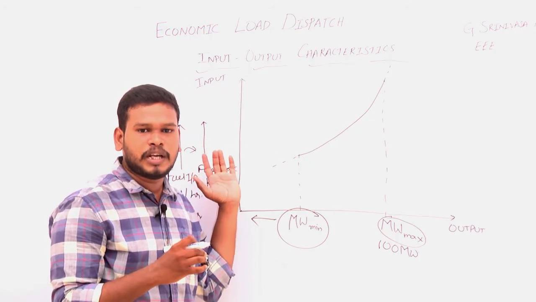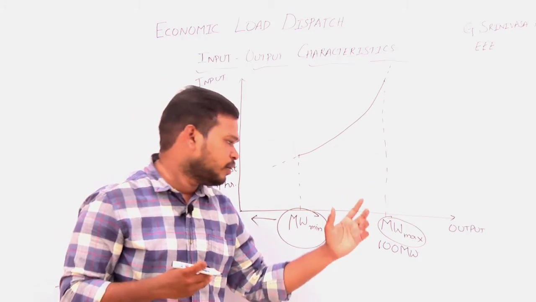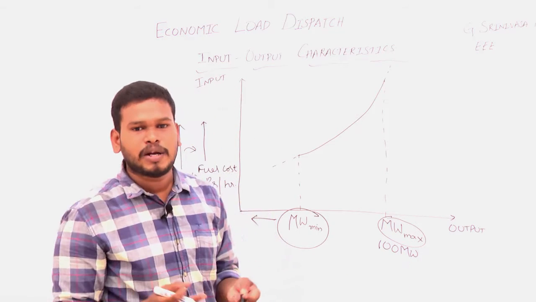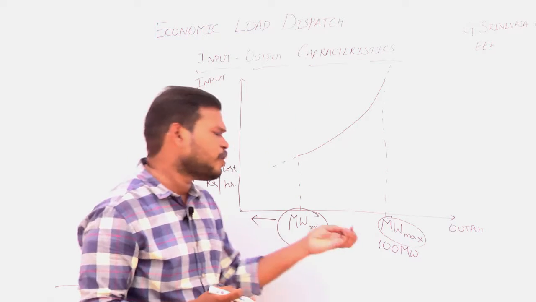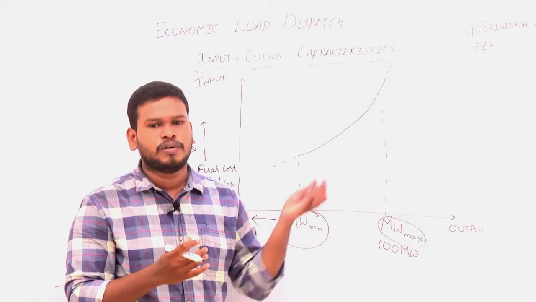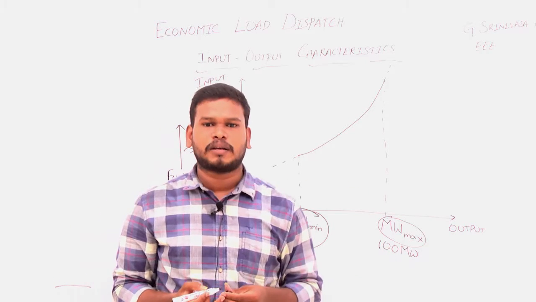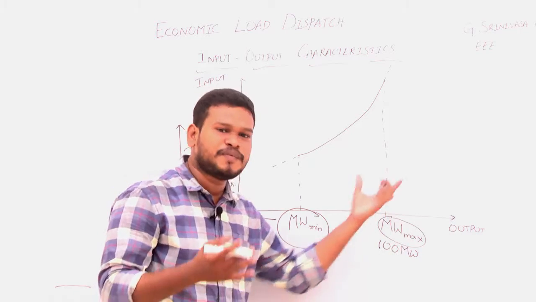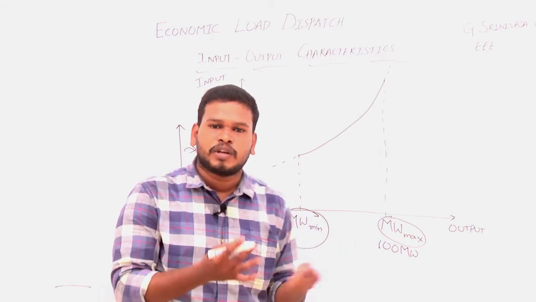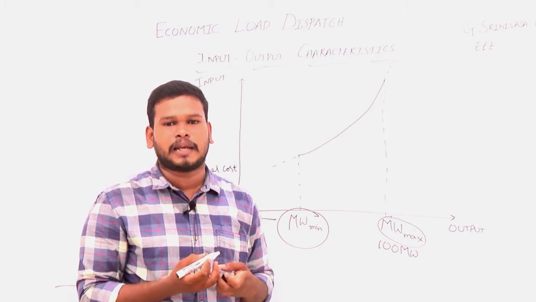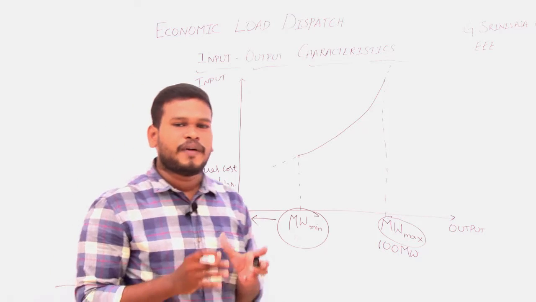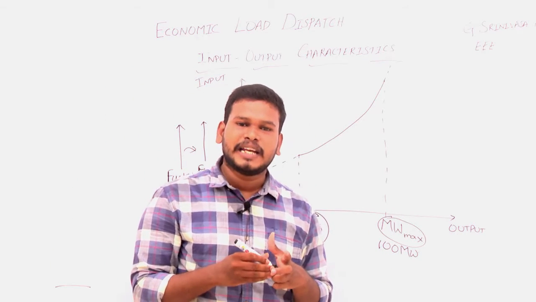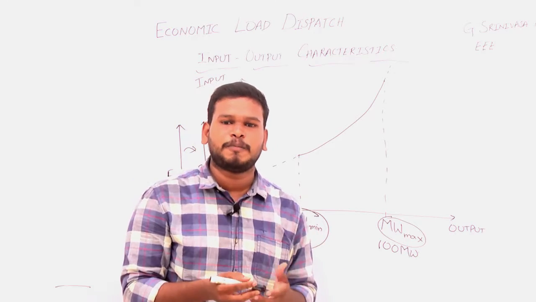If you give the complete fuel input, you can generate 100 megawatts. But if you increase the fuel input, can it generate 500 megawatts? No. If it generated 500 megawatts, you would call it a 500 megawatt plant. So the generator can generate only a certain amount of power.